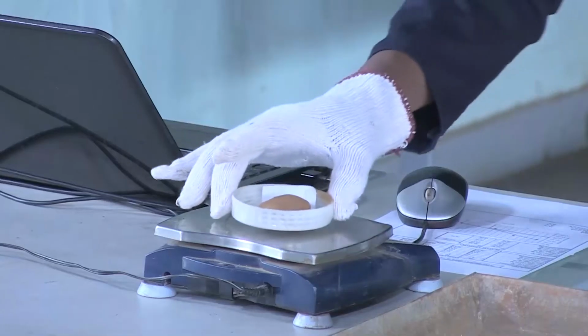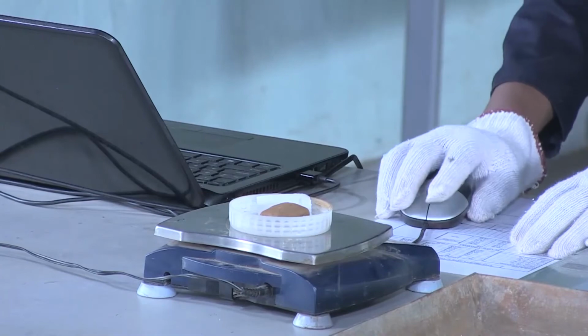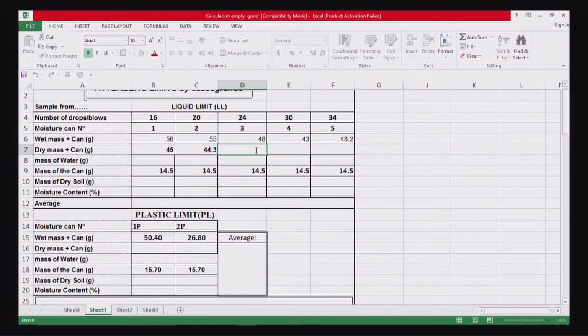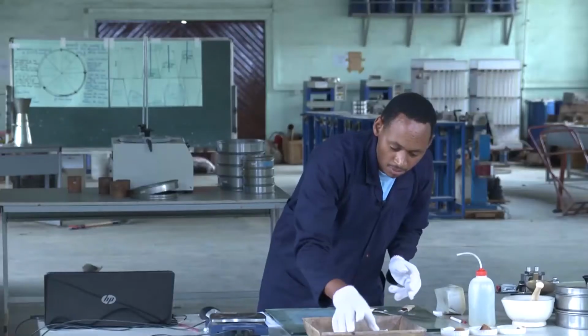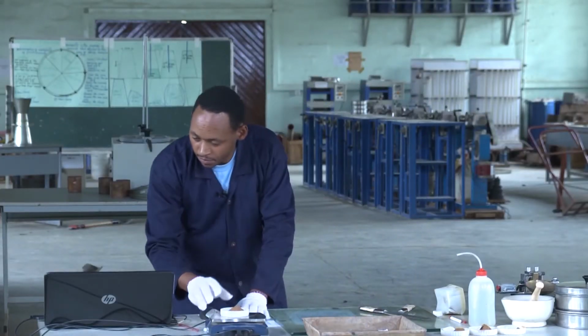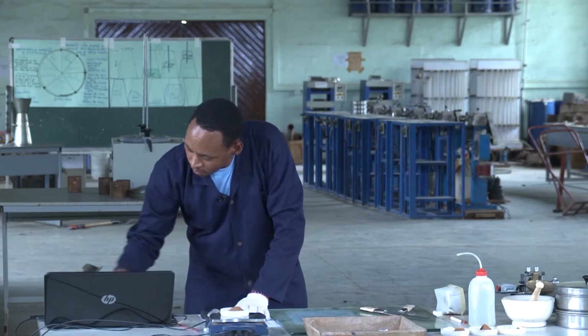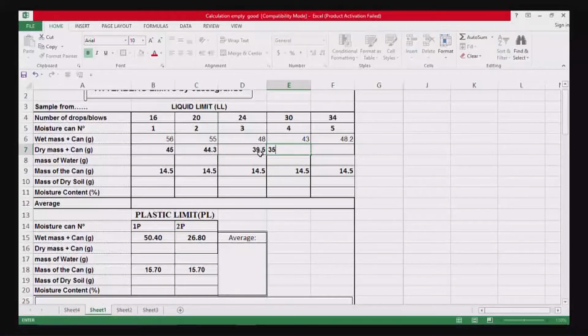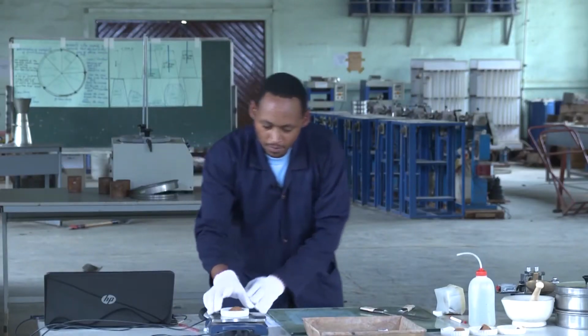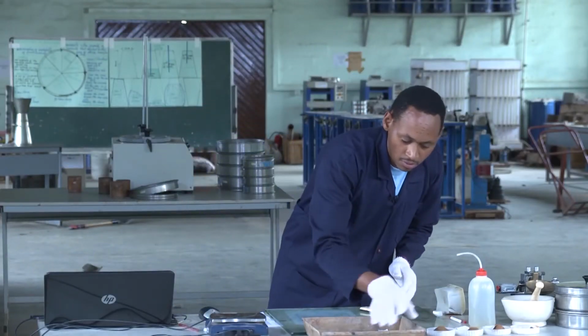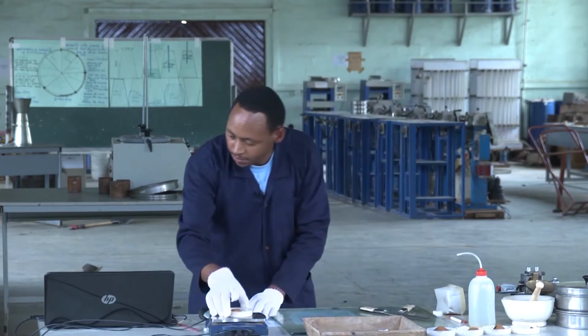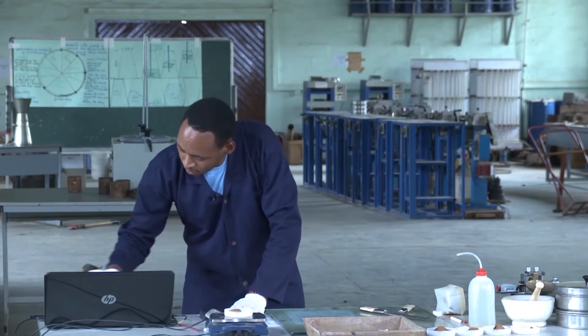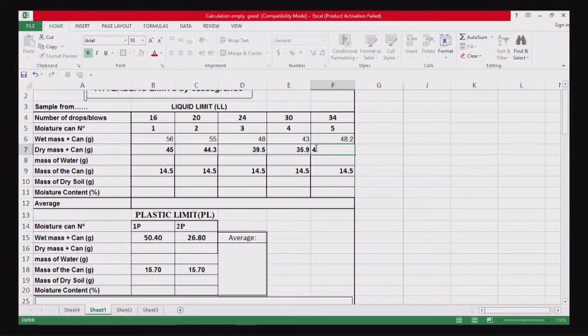Number three is the same, 39.5. Number four, 35.9. Number five, 40.